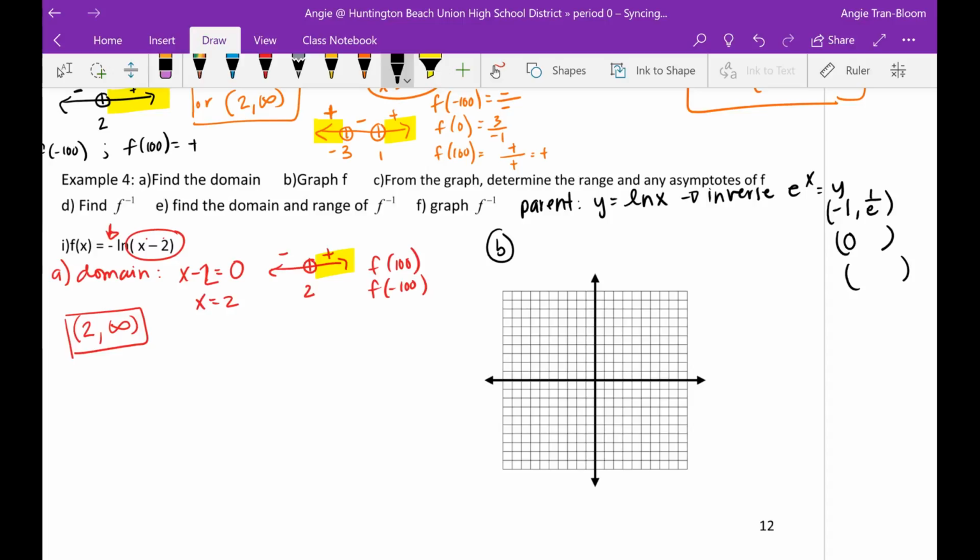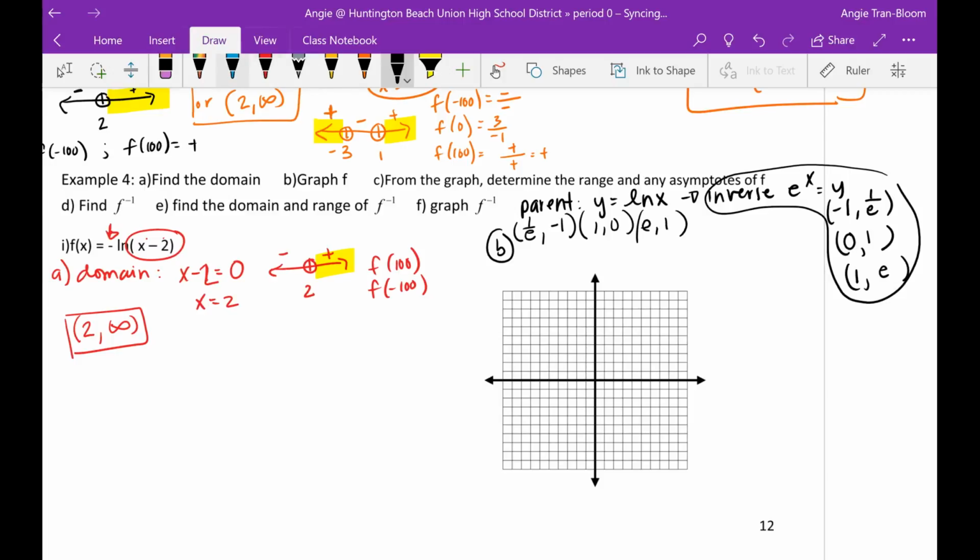So when x is 0, e to the 0 is 1. When x is 1, e to the 1 is e. So now this is the inverse, but that's not what I want. The parent function is going to switch the points. That means I have 1 over e comma negative 1, 1 comma 0, and e comma 1.